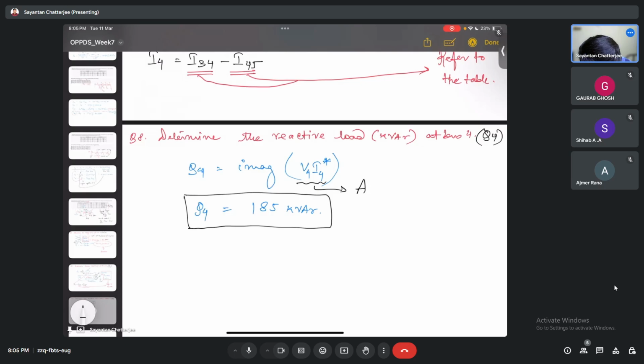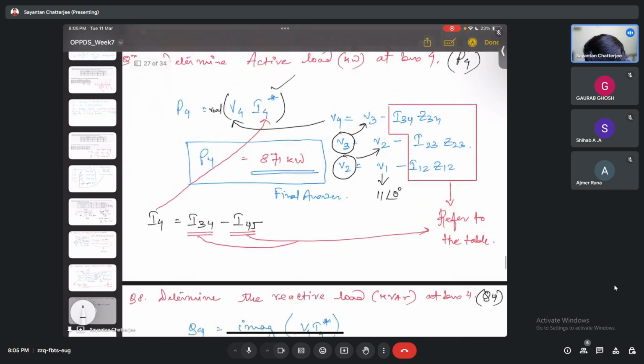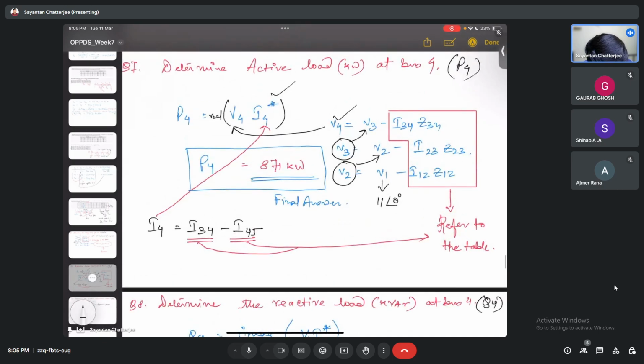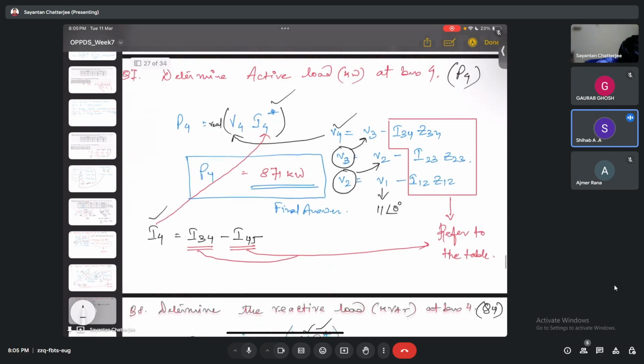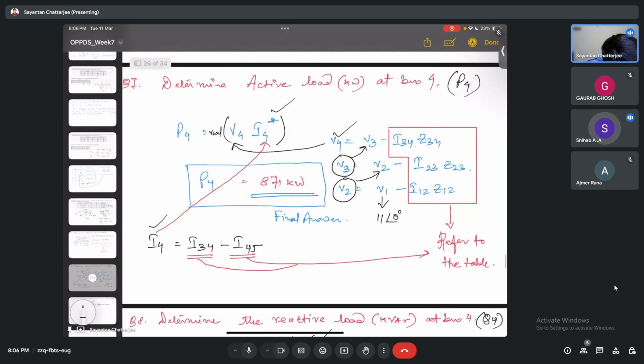V4 is this V4 only, and I4 is this I4 only. V4 and I4 we have obtained from the previous calculation. But how is the actual calculation coming? Yeah, 871.